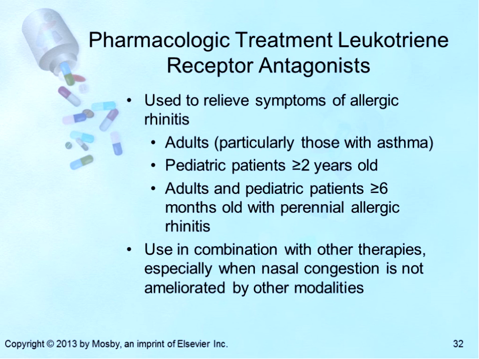Leukotrienes are associated with early phase allergic symptoms such as sneezing, rhinorrhea, nasal itching, as well as late phase reactions such as congestion, sneezing, and rhinorrhea. Anti-leukotrienes are used often in combination with other therapies, especially when nasal congestion is not resolved by other modalities.